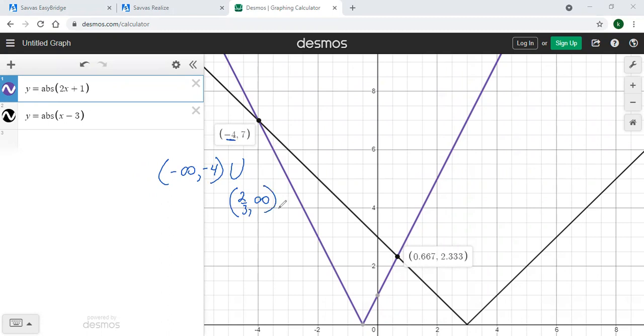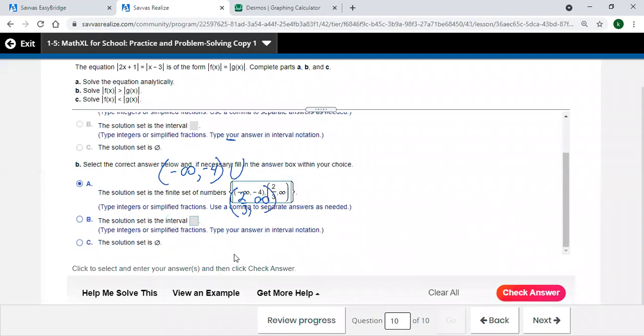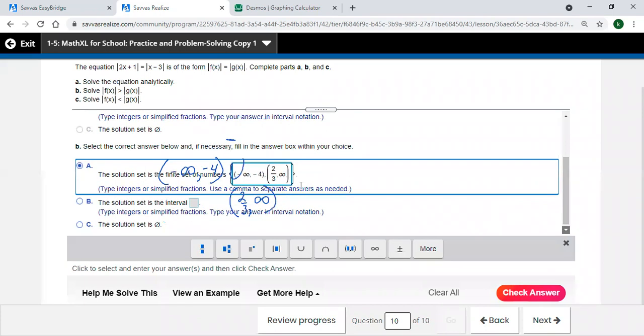So just looking at that, let's go back and see what I typed in. I thought that's what I typed in. -infinity to the -4, both parentheses, comma, 2/3 to the positive infinity. Not sure what they want there. Type integers or simplified fractions.